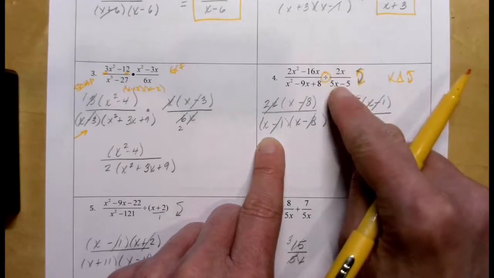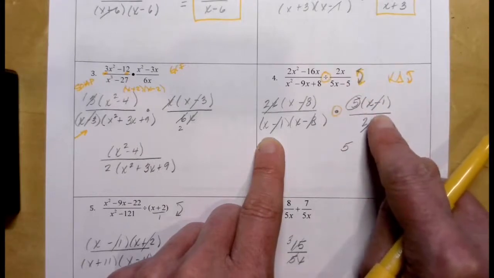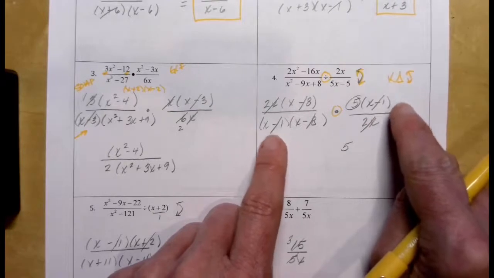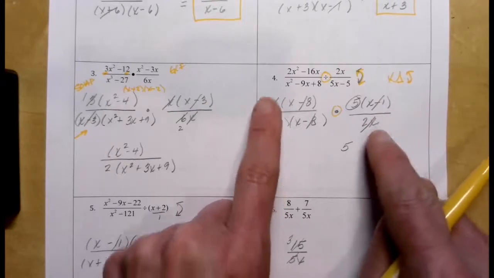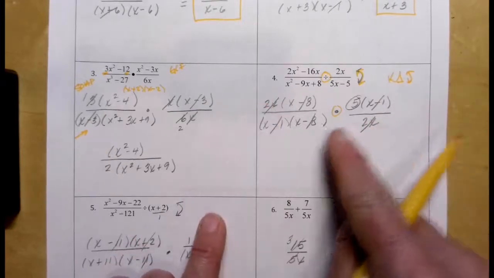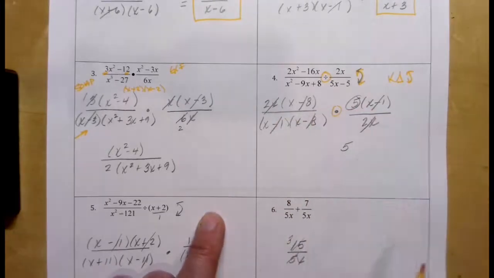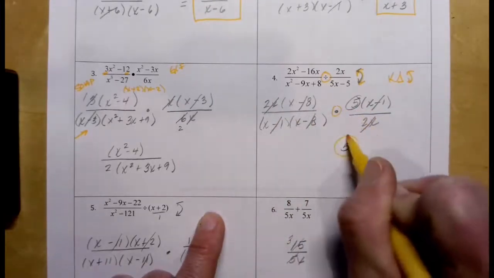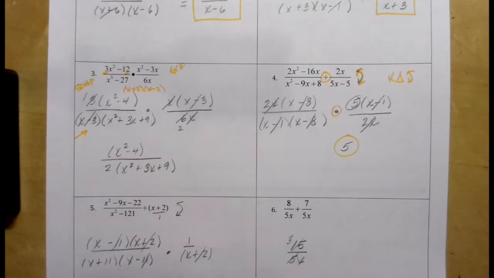My 5 is a GCF, and it comes out here, and that's going to give me my x − 1's that cancel out, and my 2x's cancel out. So when I look back through, all I'm left with is 5 as a final answer.